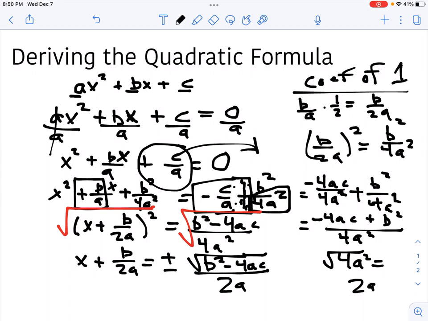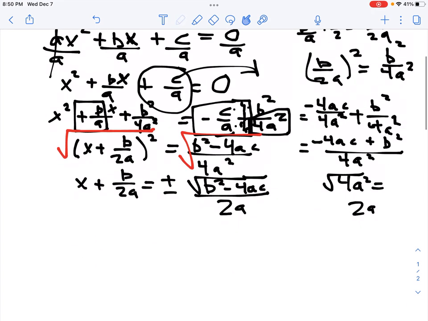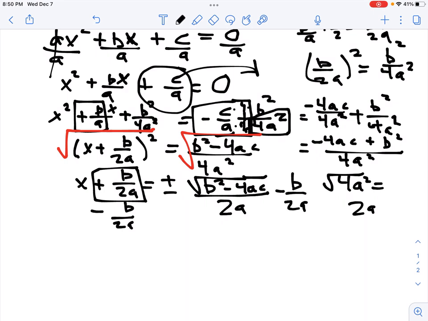And so we're going to take this and move this down a little bit. All right, so now my last step is I have to subtract to get x by itself. So we're going to subtract b over 2a from this side, right? And when I do that, I'm going to move this in front, because that's how that works.